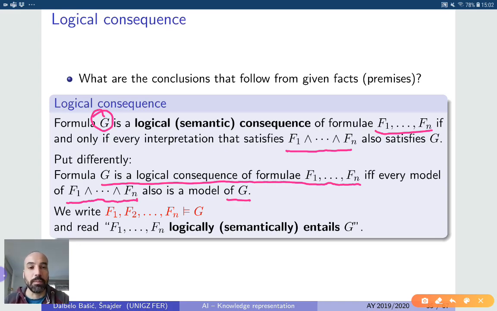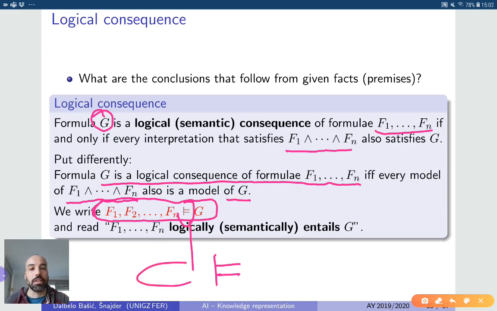We'll also introduce some notational machinery here, and I will be denoting the fact that G is a logical consequence of these sets of formulas using the double turnstile symbol. Whatever is on the left hand side is the set of premises, separated by commas, and on the right hand side I'll have a formula that is the logical consequence of the set of formulas from the left hand side.